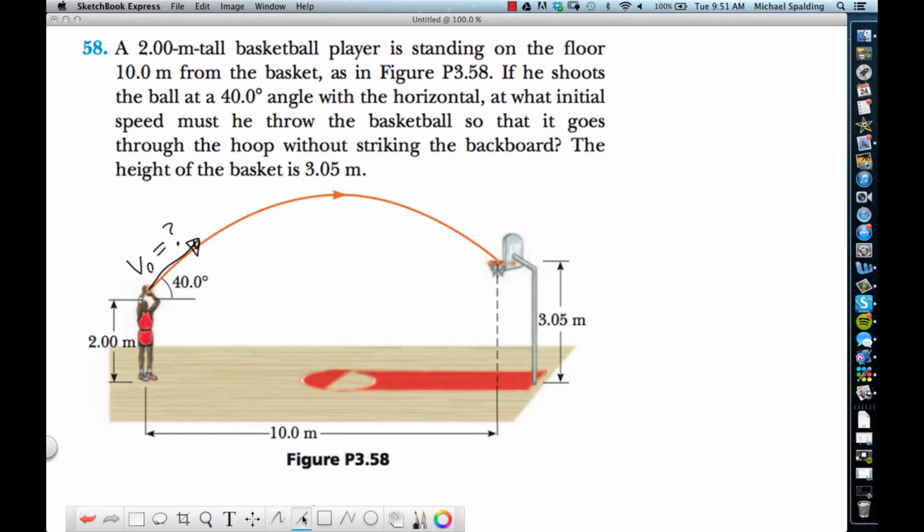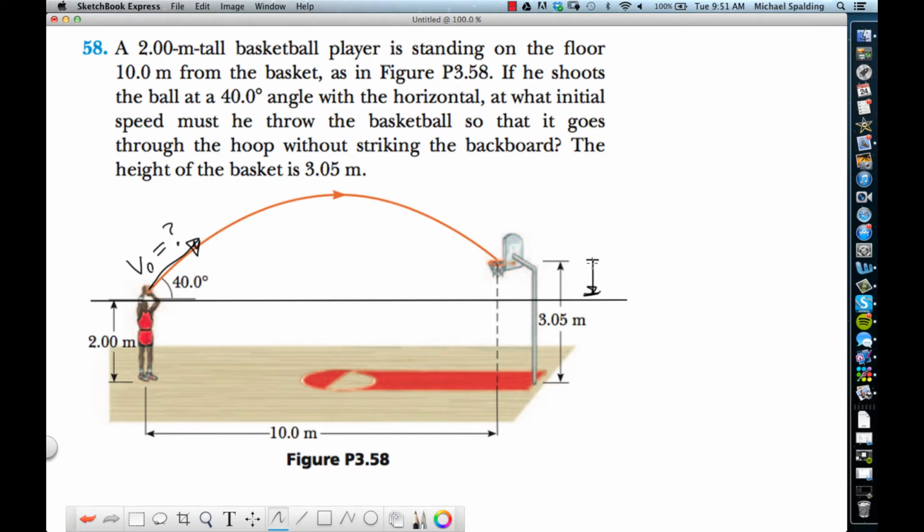So look, right away, to simplify this problem, here's what you want to do. I'm going to put a line right here, so that the basketball player is 2 meters tall, and the height of the basket is 3.05. What is the vertical height that we really care about?